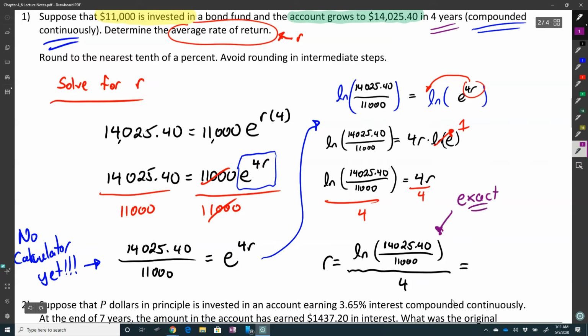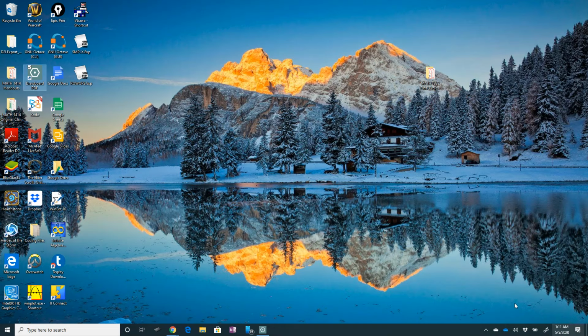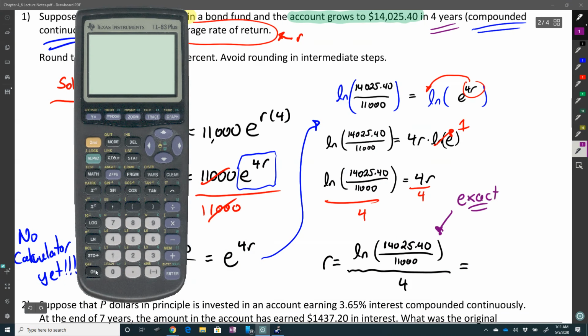But you get your calculator, plug it in to get the approximation. So ln of 14025.40 divided by 11,000, divided by 4.